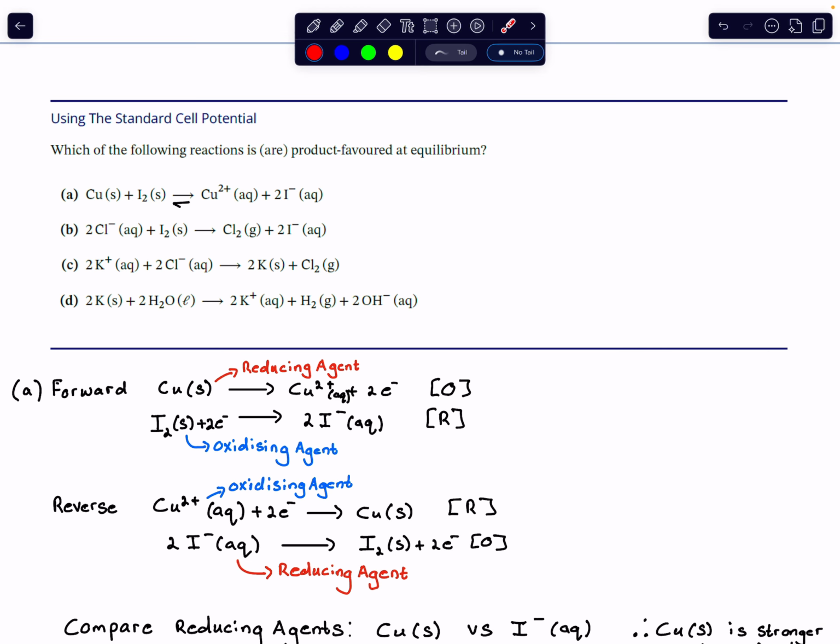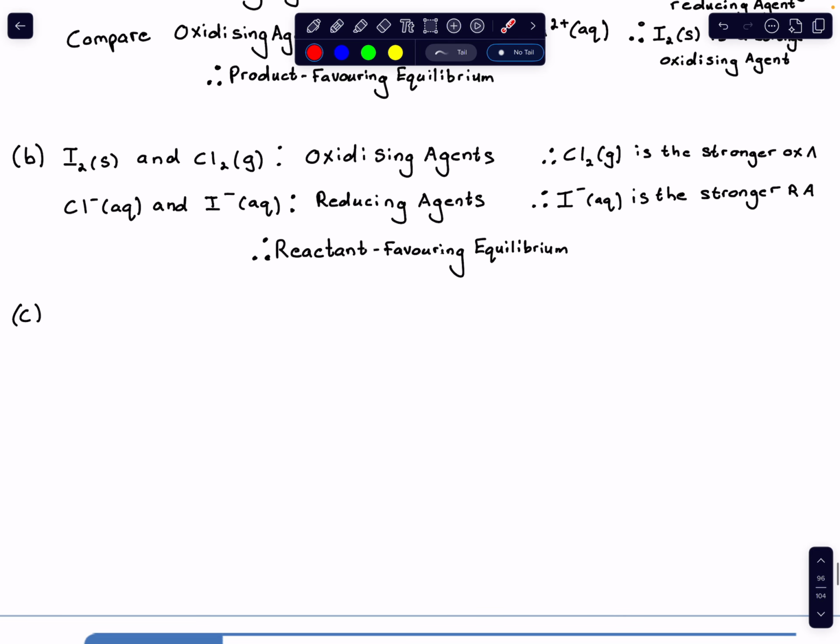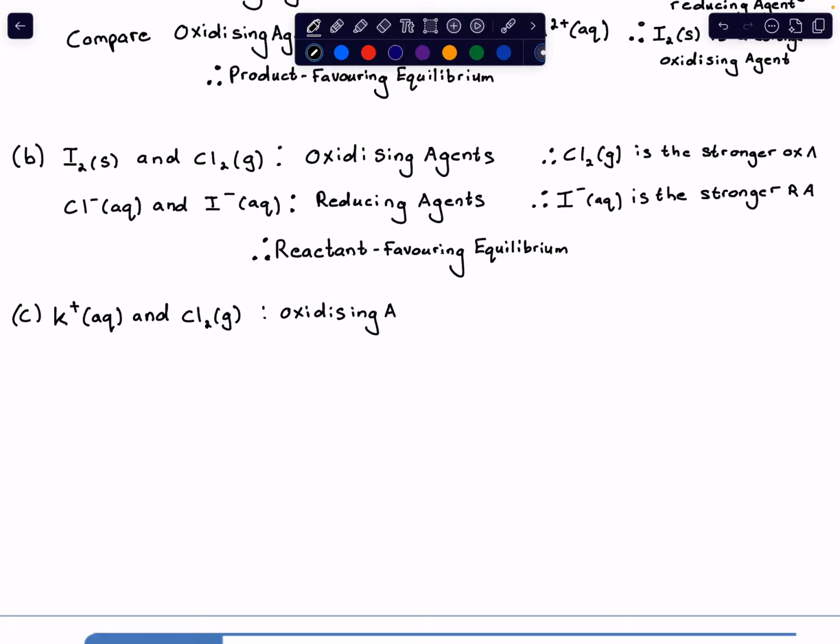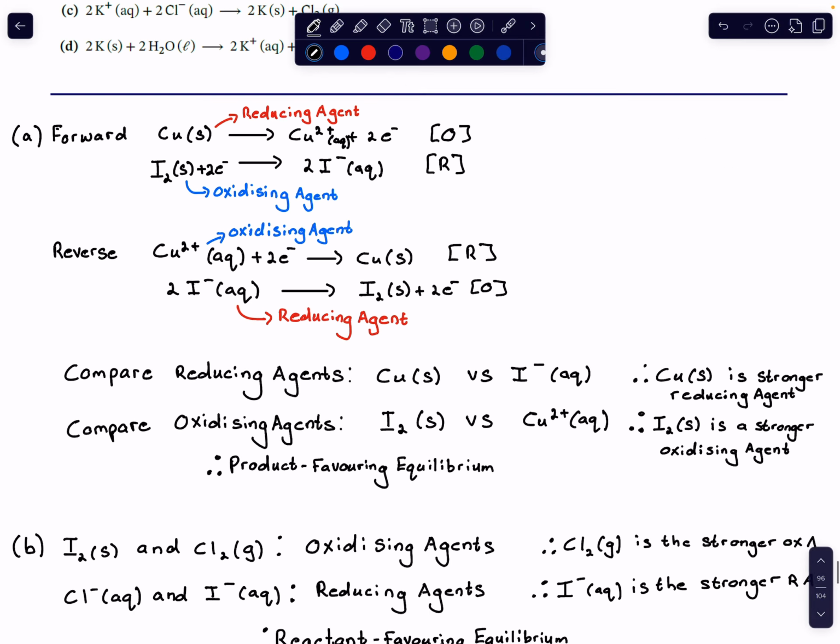So in the first case, our oxidizing agents, potassium plus aqueous and chlorine gas, are the species that are being reduced, or that we identified as the species that undergo reduction.